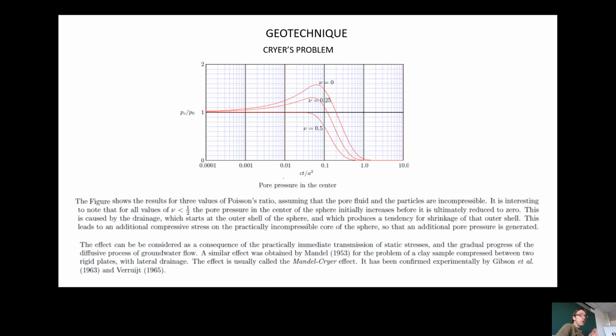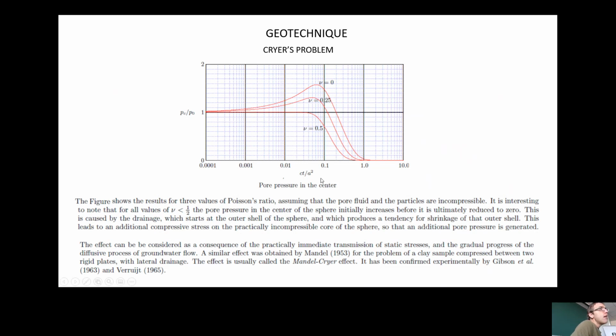It is interesting, otherwise, to note that for the various values, especially the 1 minus 0.5, the pore pressure in the center of the sphere initially increases before it is ultimately reduced to 0.